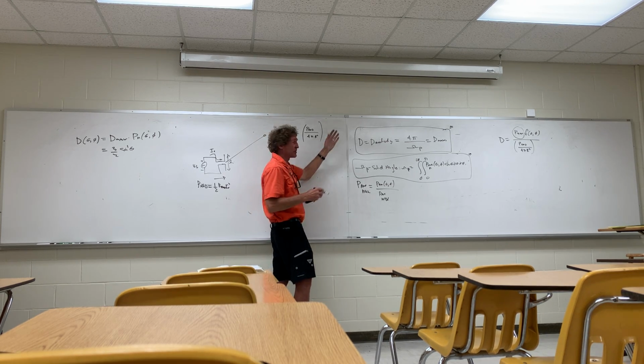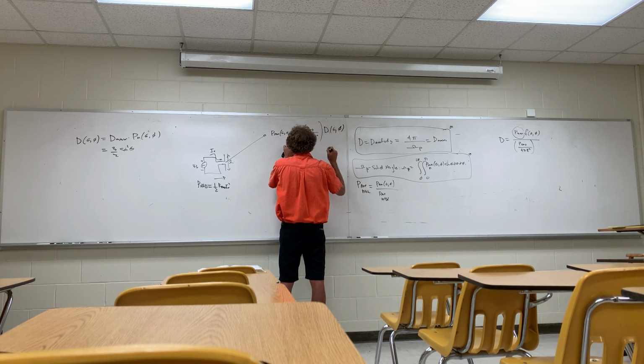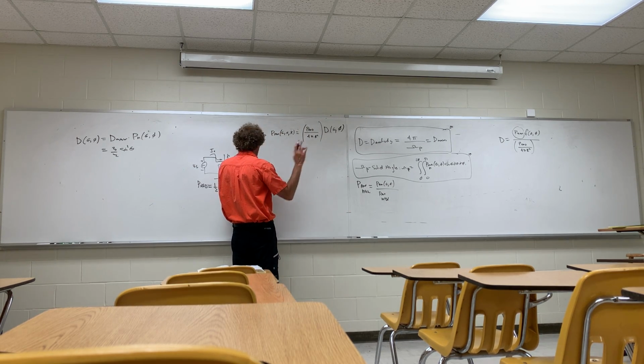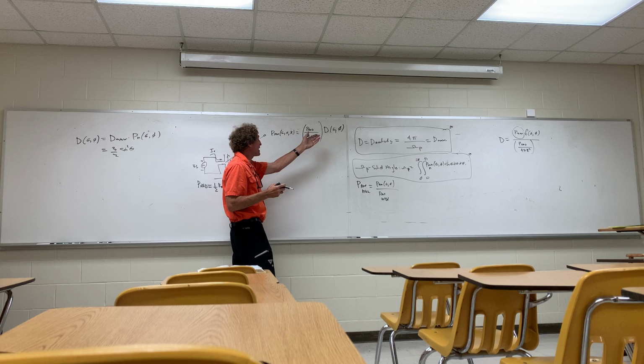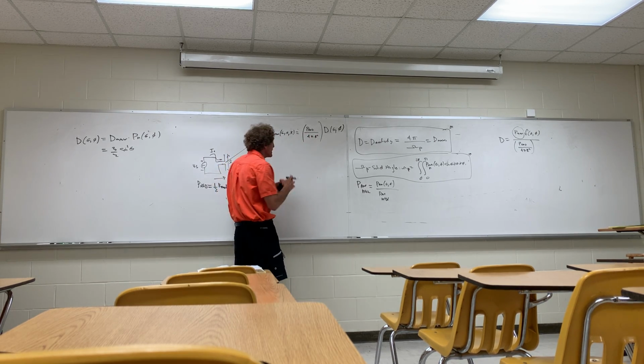So I multiply this by the directivity as a function of theta and phi, and that is the power density anywhere, for any antenna, by the way. If you know the directivity of an antenna and how much total power is radiated, you can find the actual power density at any range for any theta and phi.